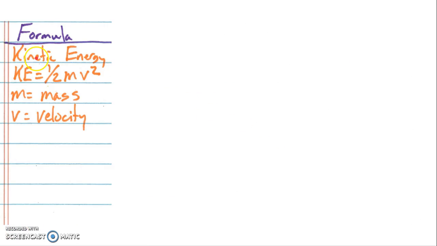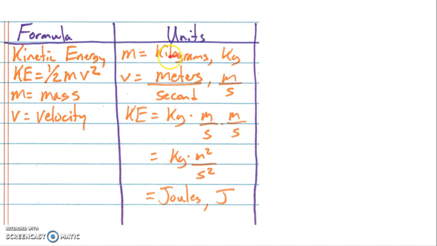So we have our kinetic energy formula, and our kinetic energy formula is KE equals 1/2 mv squared, where m is mass and v is velocity. Remember, we said mass and velocity are both parts of kinetic energy. Our units: we measure mass in kilograms, we measure velocity in meters per second, and remember, we're squaring that, so that's velocity squared, meters squared over seconds squared, and that gives us joules.